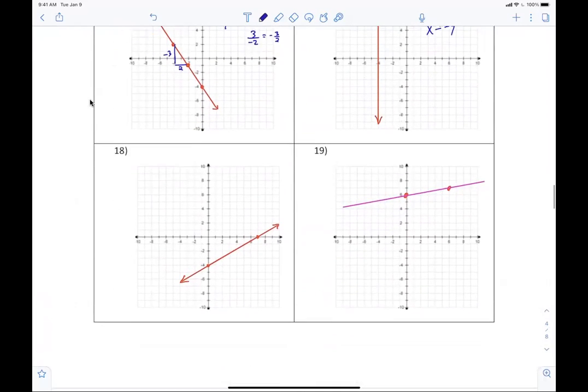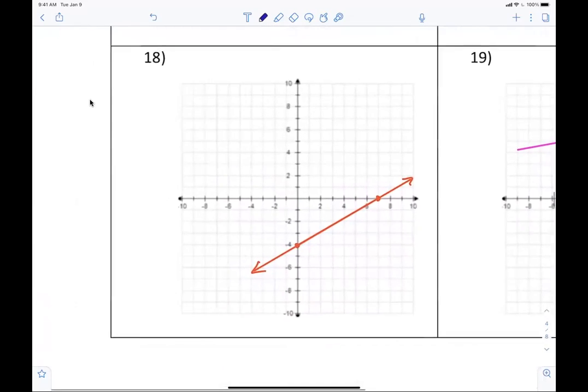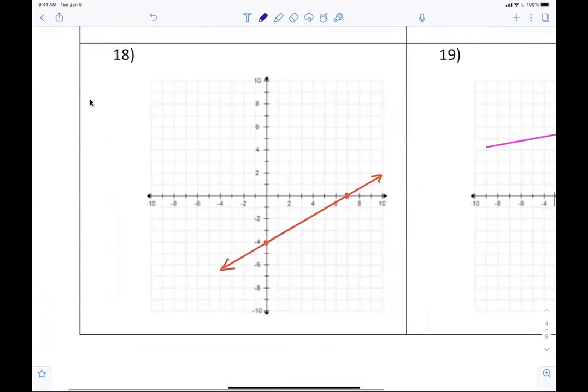All right, so let's take a look now at 18. Go ahead. So the y-intercept b is -4, and then the slope is 4 over 7. That wasn't bad, right? Can I do the next one?